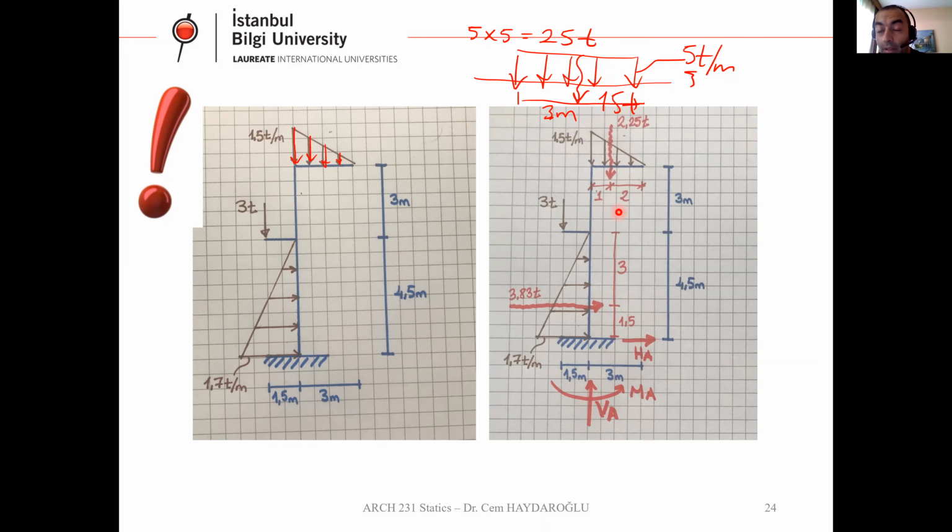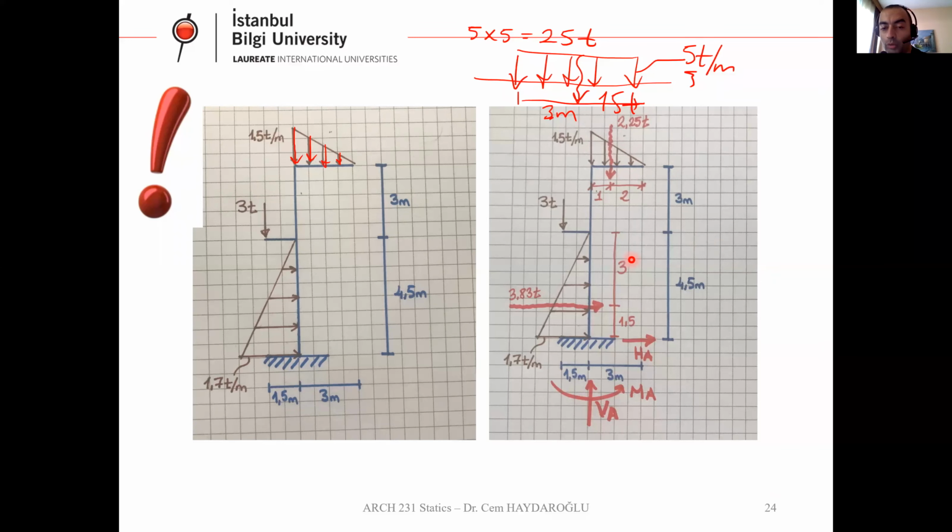We need location. This span is what? 3 meter. And again, remember the 1/3 rule, divide this third, which is 1 meter, far away from the highest loading point. Yes, we have the location at the moment.